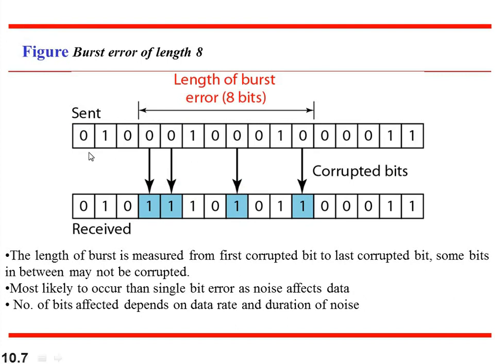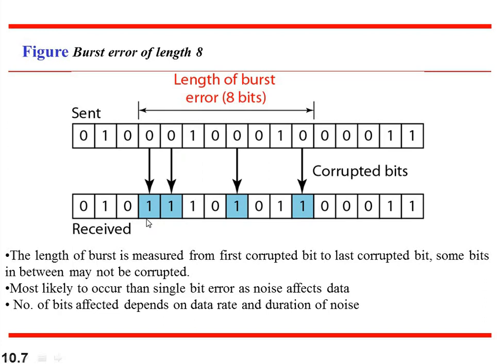Now you can see the example: 010001000100011, this is the data you want to transmit. Now you can see that this 0 has been changed to 1, this 0 has been changed to 1, this 0 has been changed to 1, and this 0 has been changed to 1. That means the data is changed by 4 bits, which is obviously more than 2 bits.